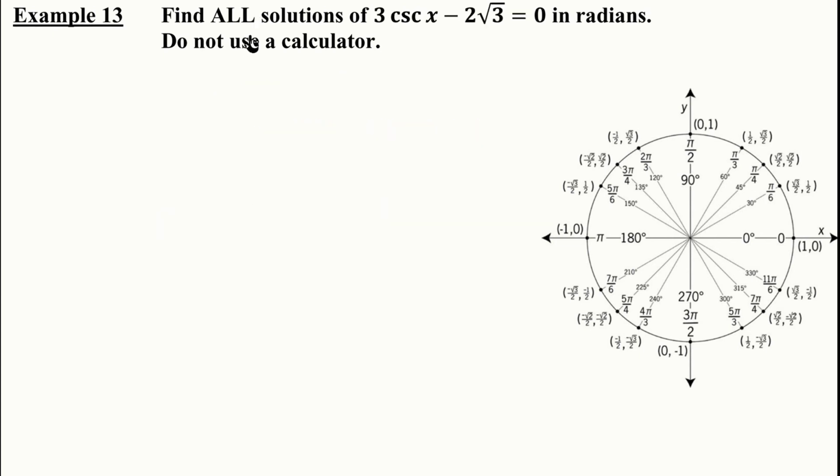We have another one of these where we want all the solutions, and these are going to be the type where you don't want to use a calculator. These are going to have exact solutions. So let's go ahead and start looking at this. So we have 3 cosecant x minus 2 radical 3 equals 0, correct?